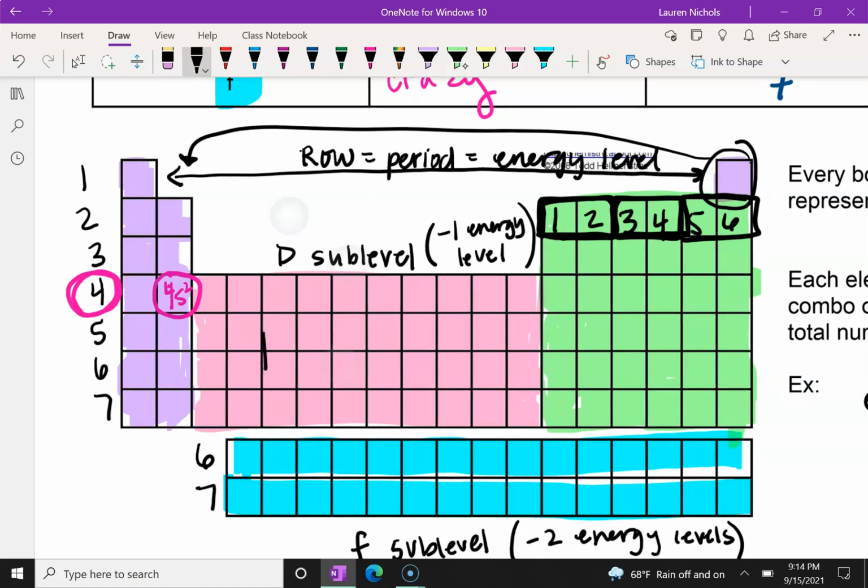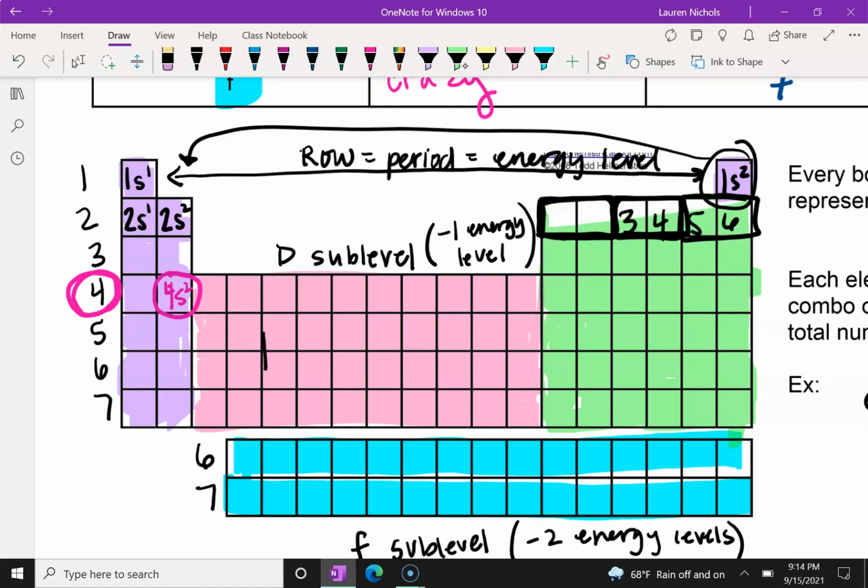I could start here. This would be 1s1. It's on the first row, it's in the S sublevel, and it's the first box, so it has 1 electron. Helium would be 1s2. Lithium, we're on row 2, but we're still in S, and we're in the first box. Then we're row 2, S, the second box.